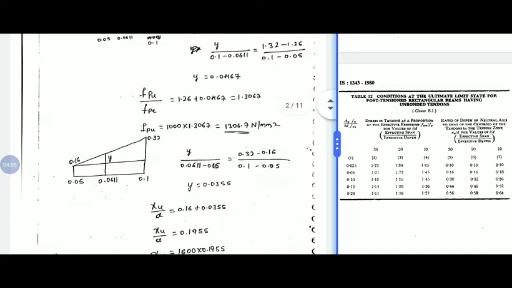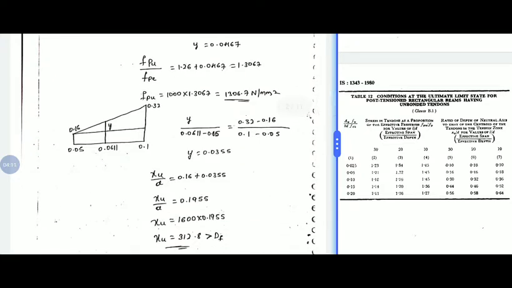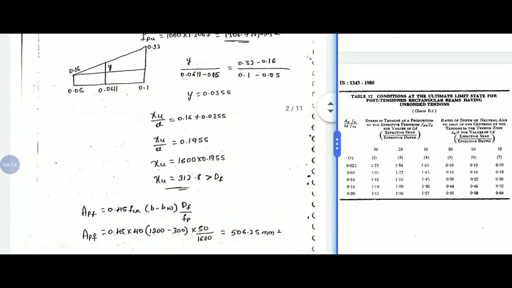On interpolating we will get 0.1955. On simplifying we will get XU and FPU values. After calculating this, first compare XU with the depth of the flange. Here the depth of the flange is 50 mm, but we have XU as 312.8. That means the neutral axis lies in the web.